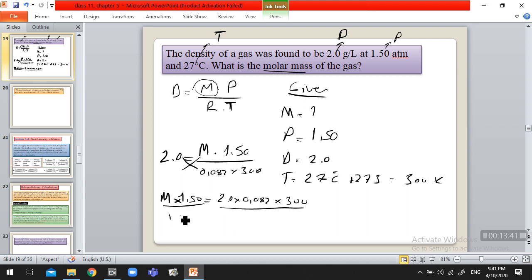If you divide both sides by 1.50, we can find the molar mass of the unknown gas, which is 32.8 gram over mole. Okay, guys, so the answer is this. If you want to find the molar mass from the density, you can use that formula that I told you. You have to use two formulas.